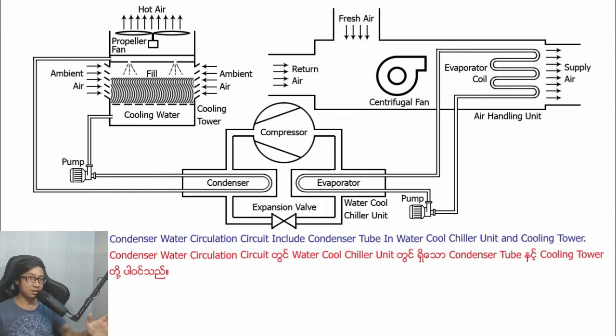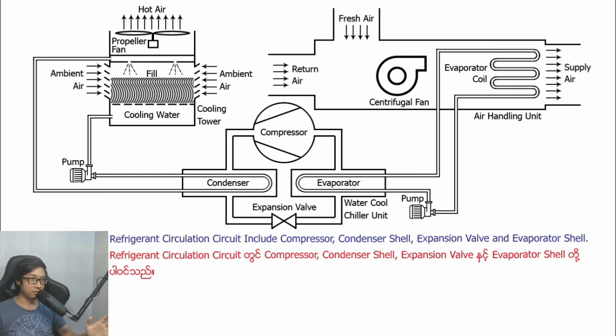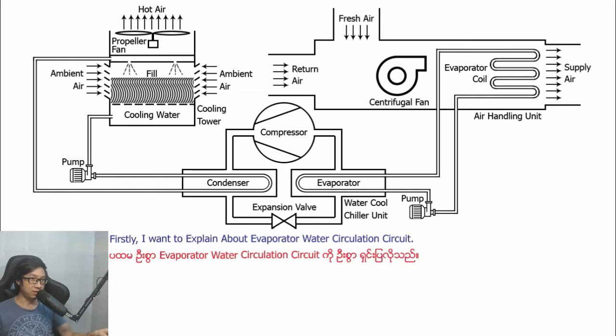The condensate water circulation circuit includes the condensate tube in the water-cooled chiller unit and the cooling tower. The refrigerant circulation circuit includes the compressor, condensate shell, expansion valve and evaporator shell. Firstly, I want to explain the evaporator water circulation circuit.